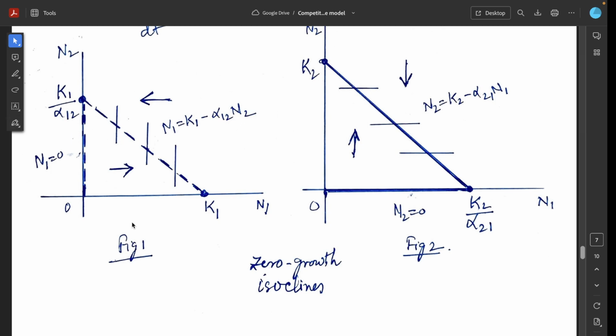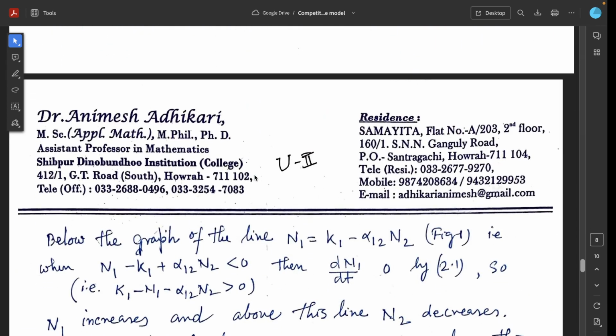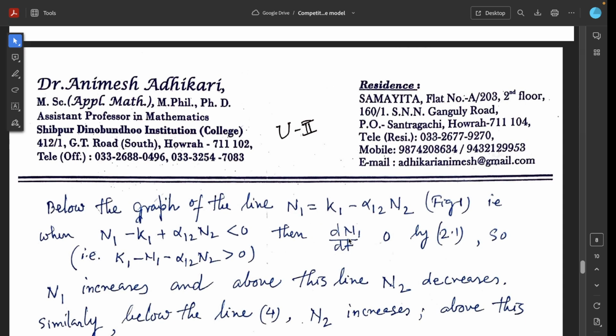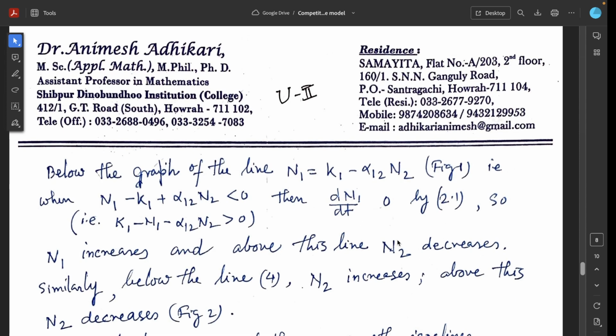The region below this line is less than 0, and the upper portion of this line is greater than 0. So when this is less than 0, dN1/dt is less than 0 by 2.1.